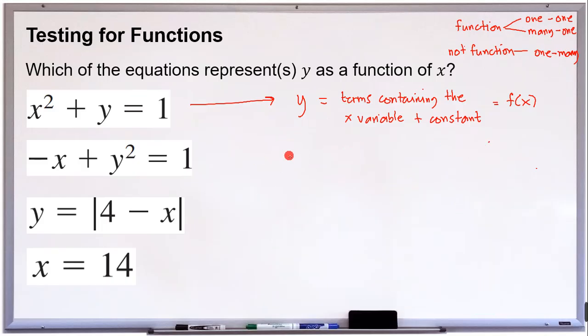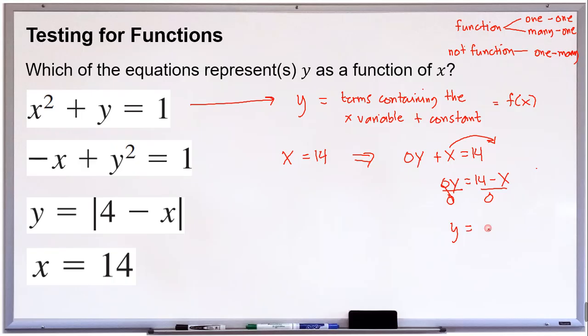For our last equation, we have x is equal to 14. Now, we only have the independent variable, but again, for this equation, we can rewrite this into 0y plus x is equal to 14. And then we're going to rearrange this, so transpose x to the other side. So you have 0y is equal to 14 minus x. So divide both sides by 0.